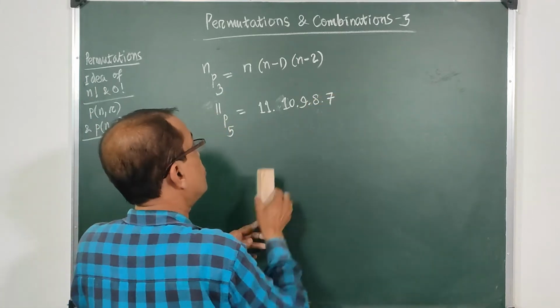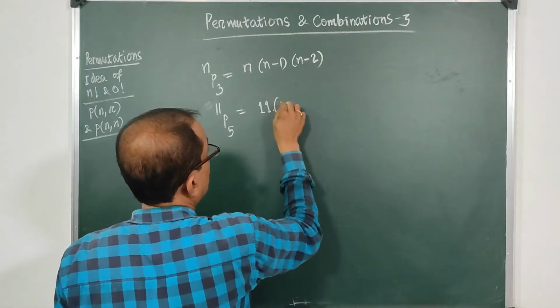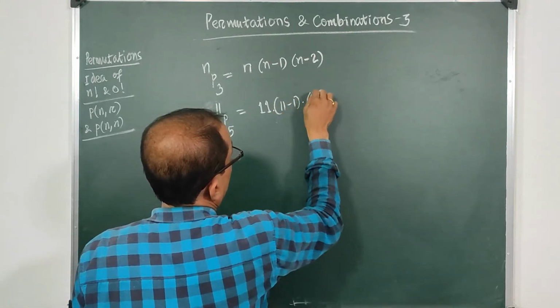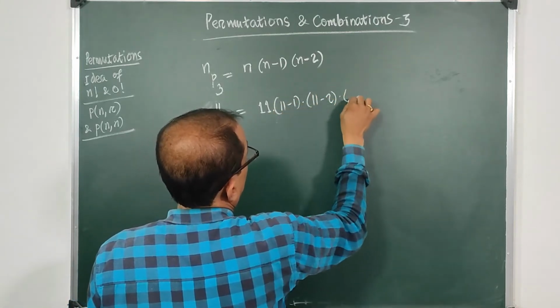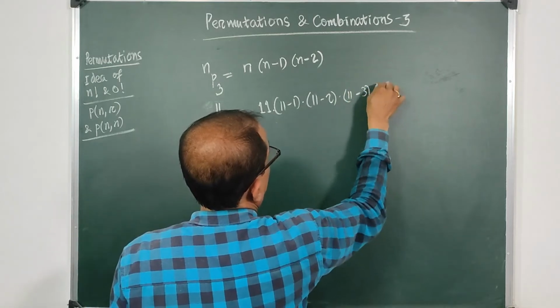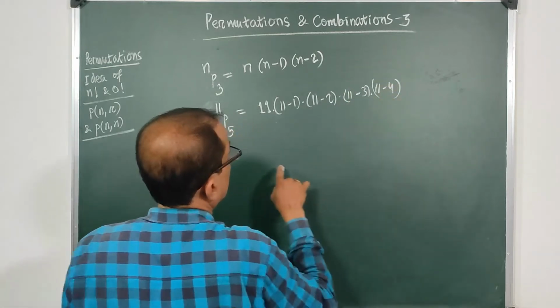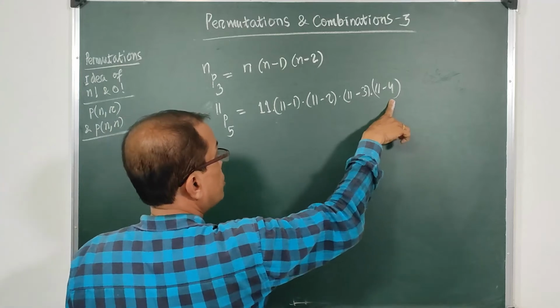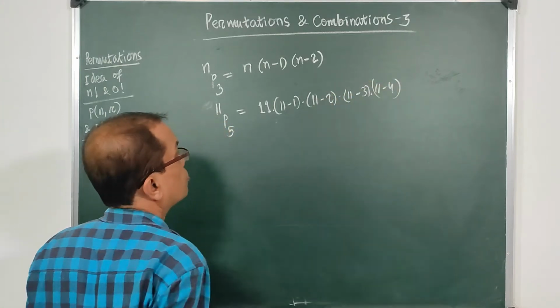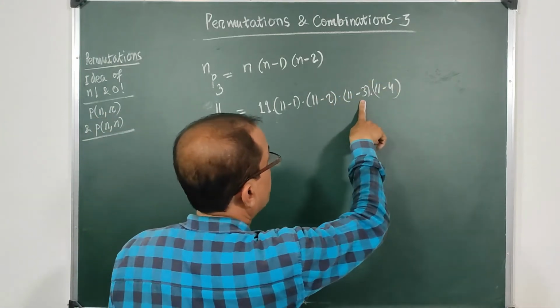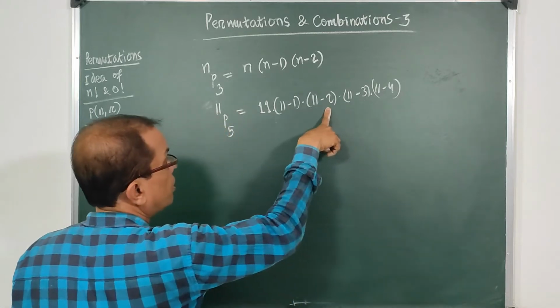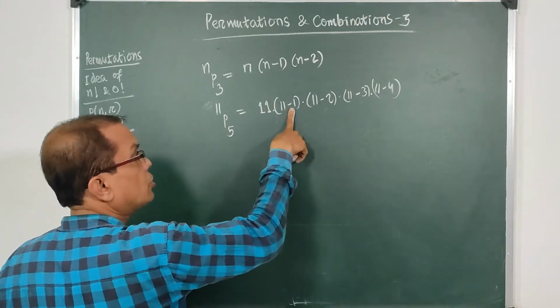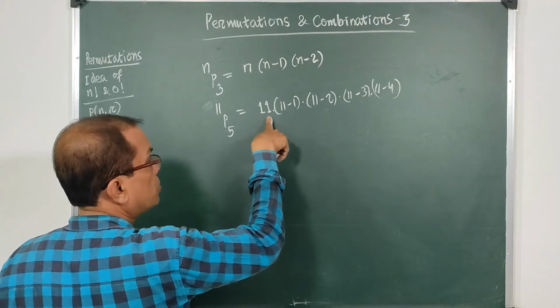We can write also in the formula 11 into 11 minus 1 into 11 minus 2 into 11 minus 3 into 11 minus 4. So see, the fifth choice always contains minus 4, fourth choice minus 3, third choice minus 2, second choice minus 1, first choice minus 0.